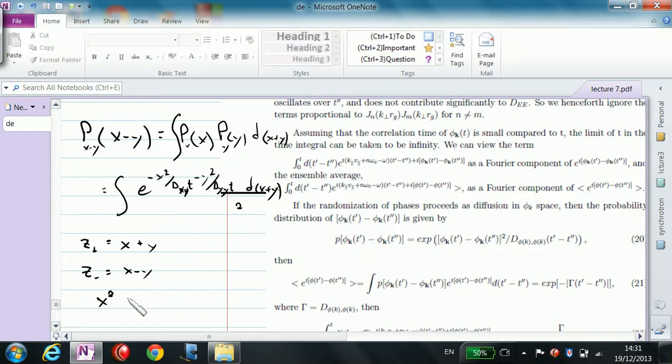And x squared plus y squared is equal to z plus squared plus z minus squared.